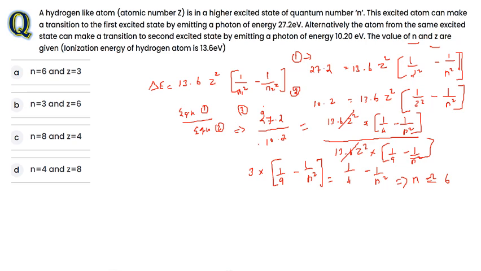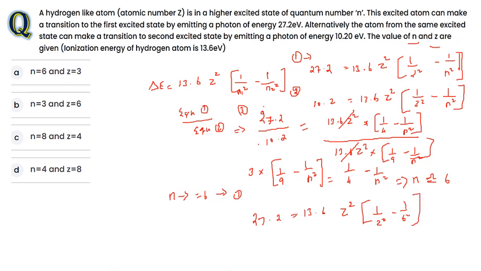Now, substitute the n equal to 6 value in any one of the equations. Here I substitute n equal to 6 in equation 1. Any one equation you just consider: 27.2 into 13.6 Z square will be equal to 1 divided by 2 square minus 1 divided by 6 square.